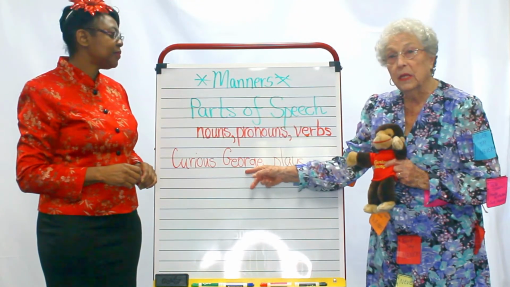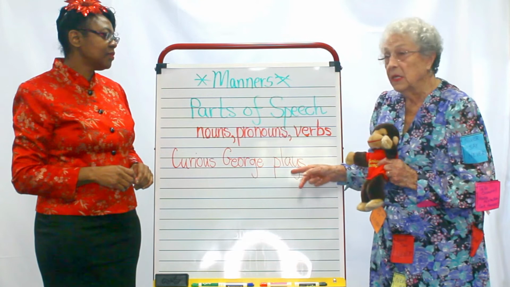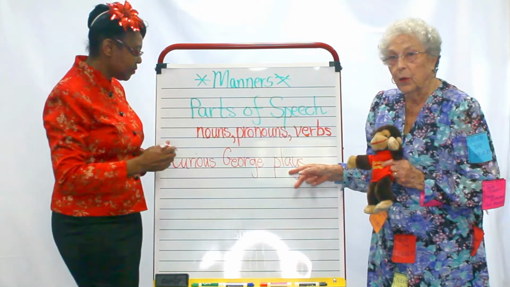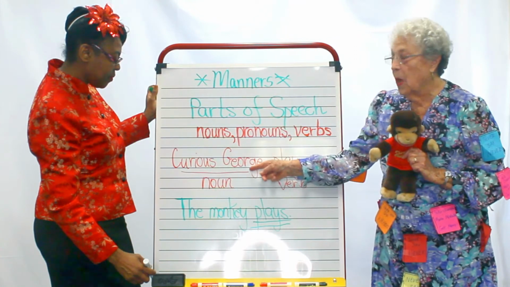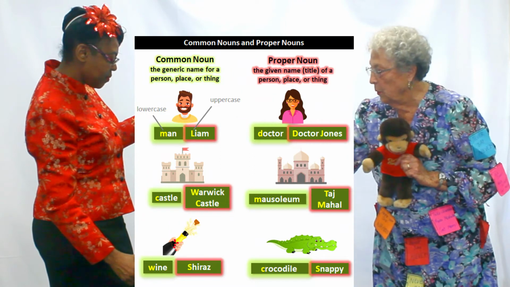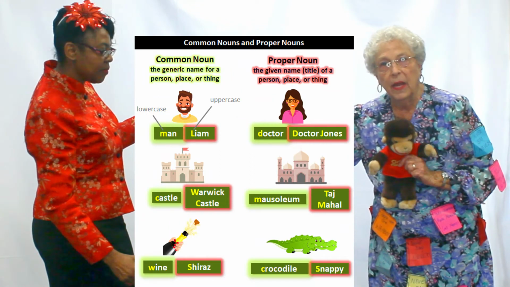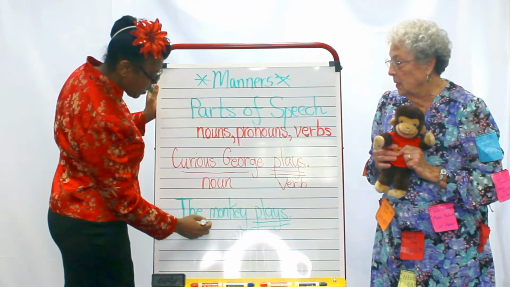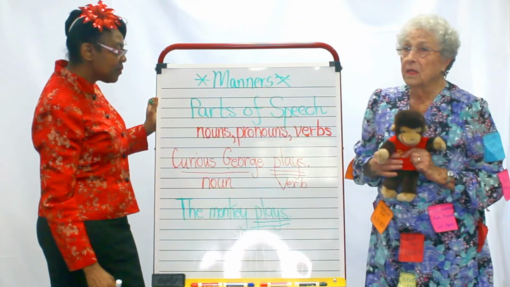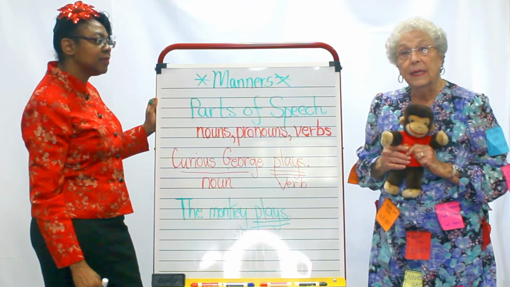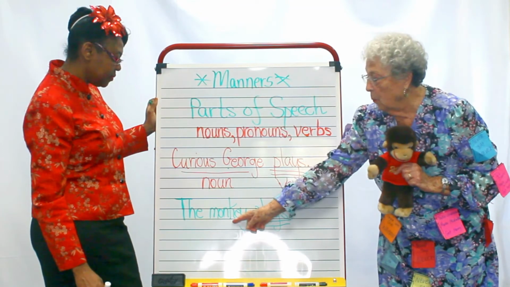Curious George is his name. Plays is what he's doing. So here's our noun. And here's our verb. When you use a proper name, that means you capitalize it. When you use a common name, it's lowercase unless it starts a sentence. Okay. The is not a noun, nor is it a verb, but it is telling us which monkey.